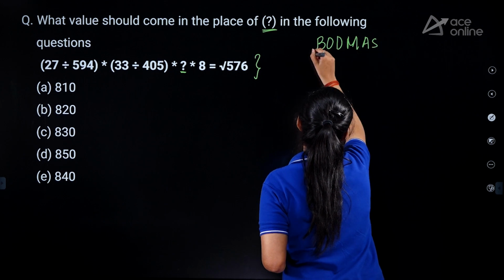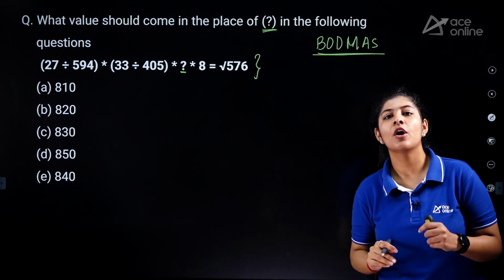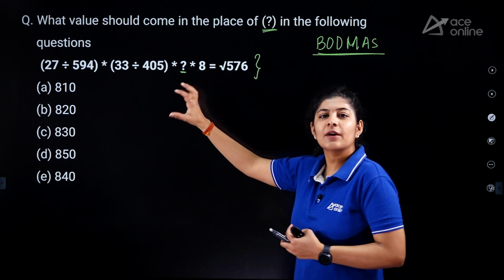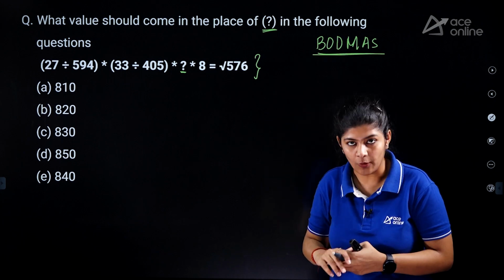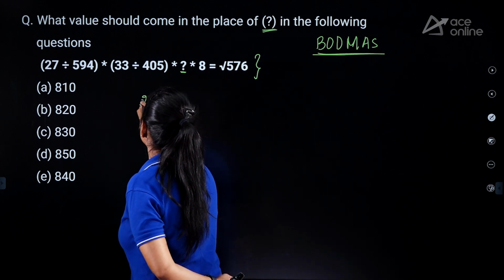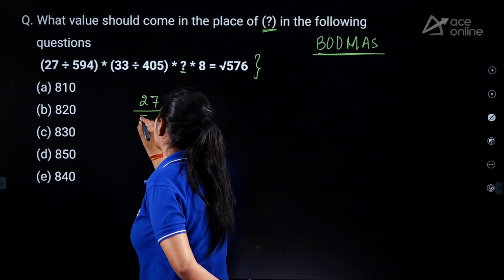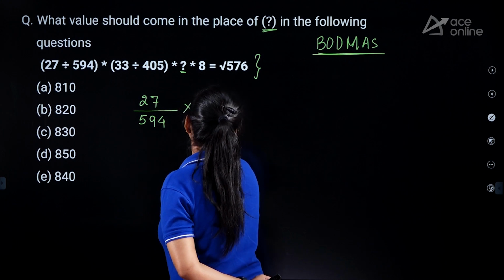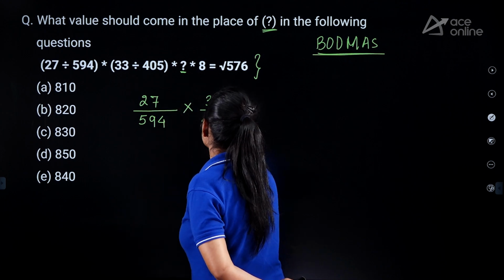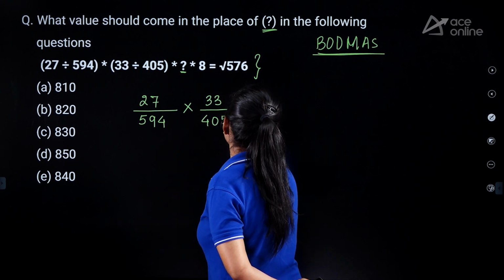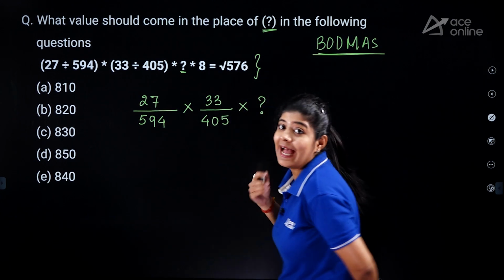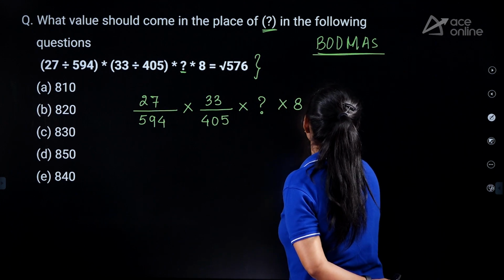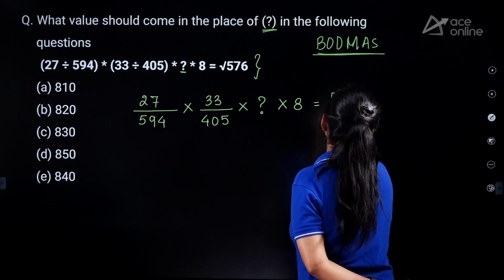First, I am going to write down the whole expression in a simpler format: 27 divided by 594 multiplied by 33 divided by 405 multiplied by the question mark, the value I have to determine, multiplied by 8, equals the square root of 576.